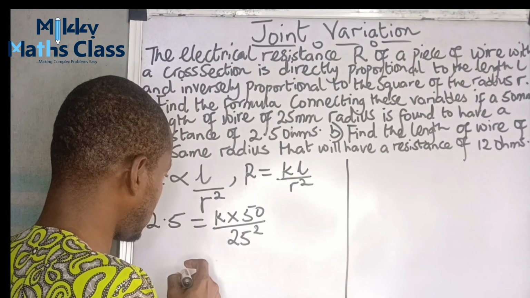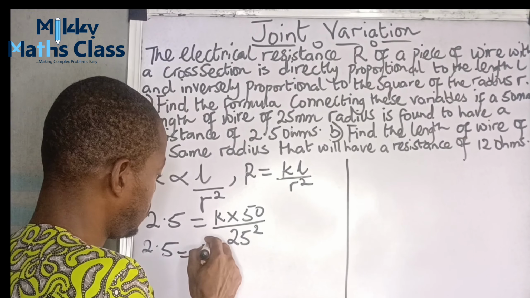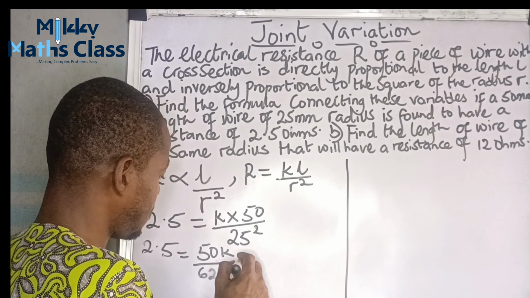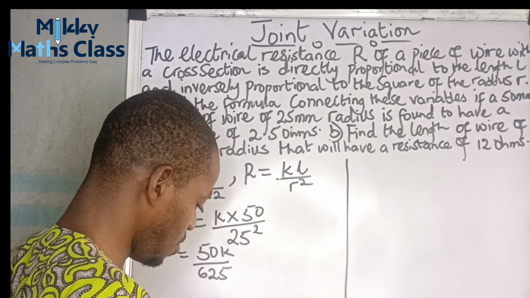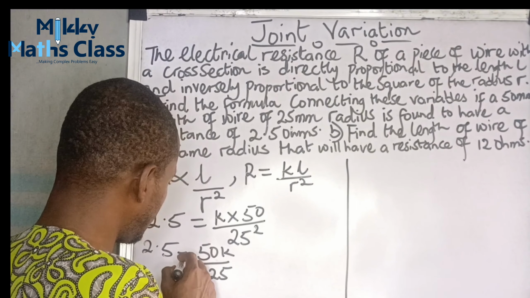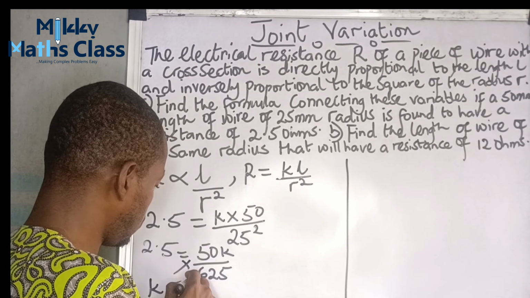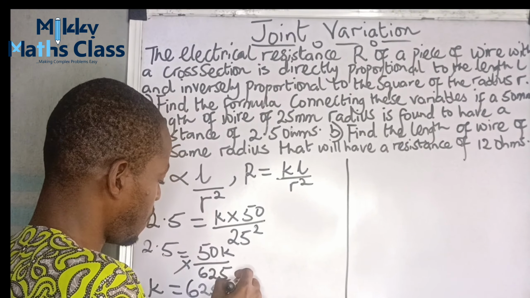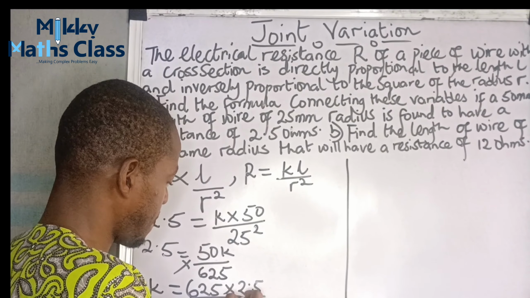So we have that 2.5 is equal to 50K over 625. Let's divide. So we can cross multiply. You can say our K is equal to 625 times 2.5 over our 50.